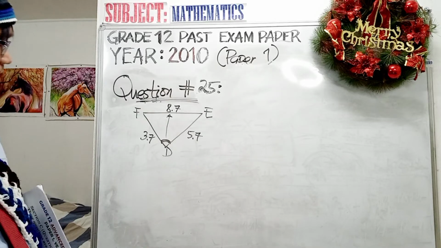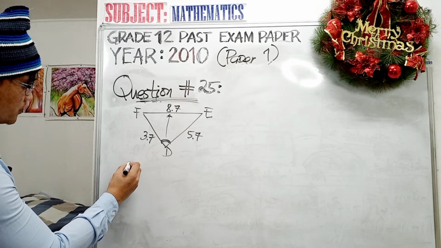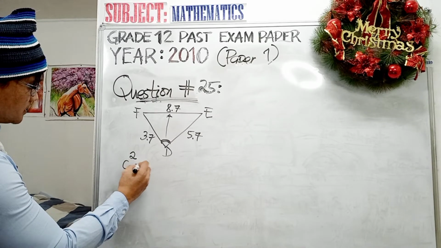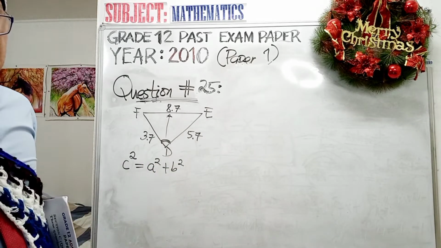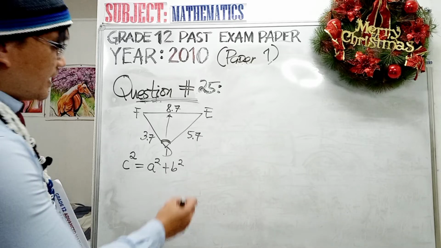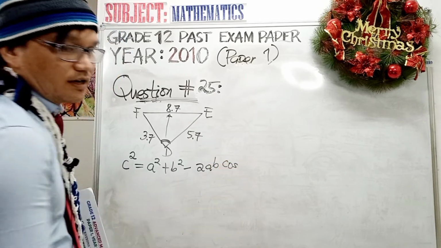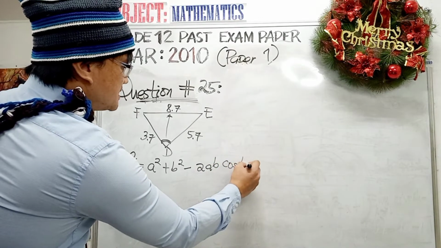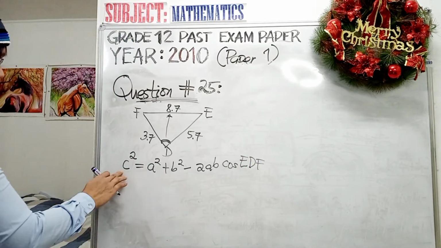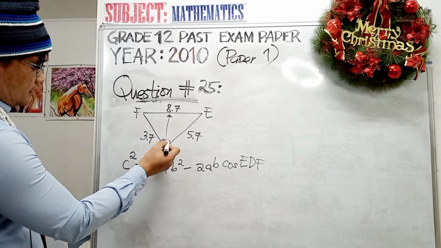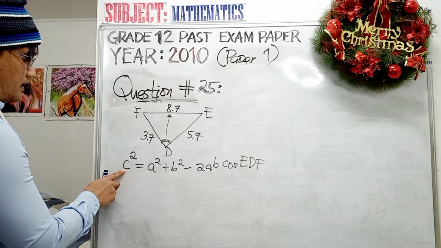We shall be using the formula of the cosine rule, which is c square is equal to a square plus b square minus 2ab cosine EDF. So this is our angle D, the opposite side is 8.7. This is our C, the longest side.